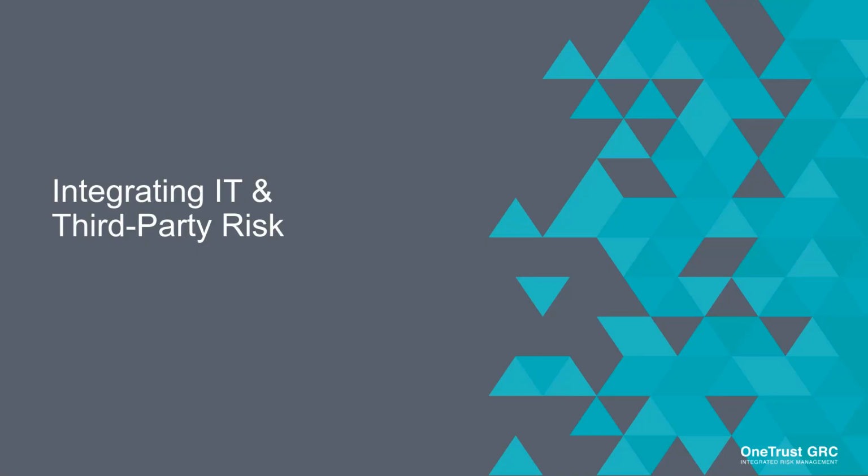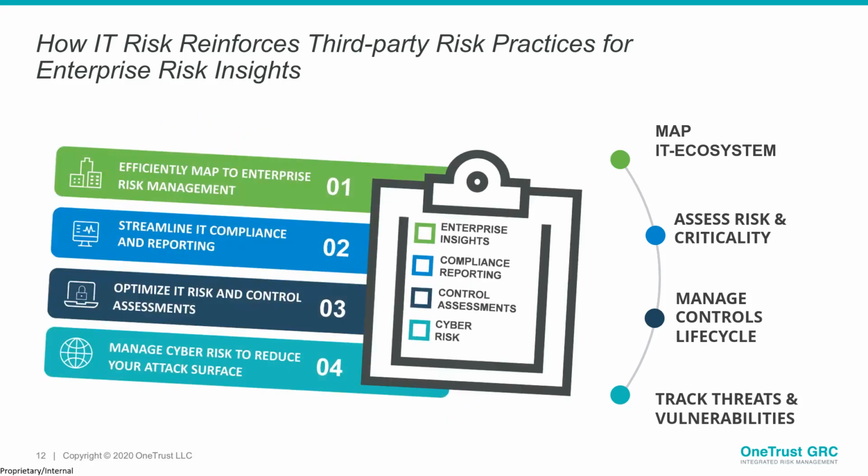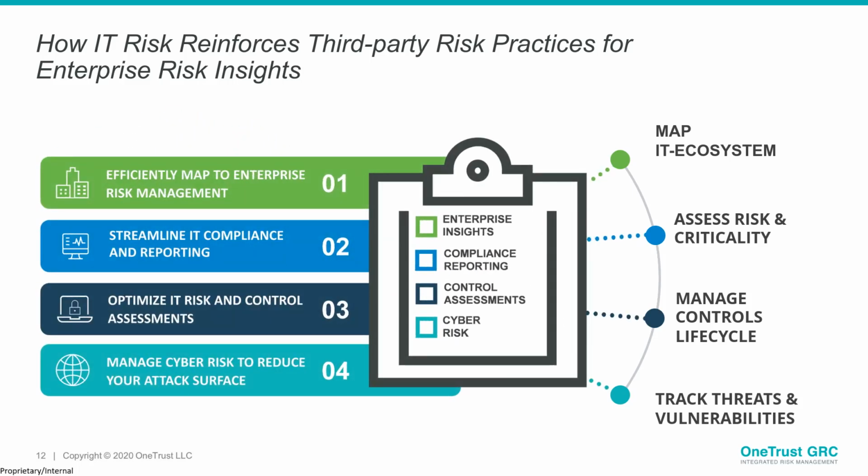So this moves us beyond just the diagnosis of this issue, into the areas associated to how we can start to prove this internally within the organization. Now, how IT risk management reinforces risk practices for an overall enterprise or company-wide set of risk insights can be broken down into 4 key areas. Efficiently mapping to the overall enterprise business objectives and existential and strategic risks within the organization.